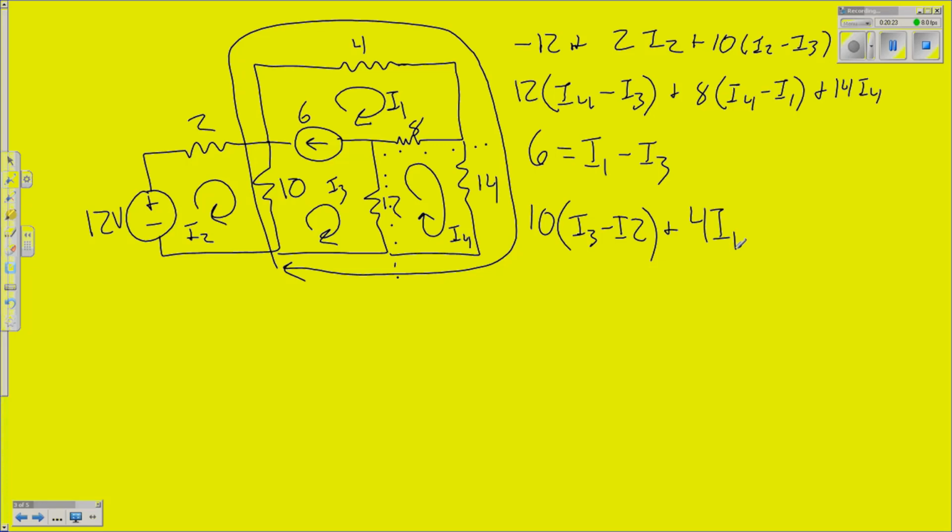Then go over to the 14. And there we also only have one current touching it, I4. And that, of course, has to equal 0. So now we have 4 pieces of information. And from this we can solve it.